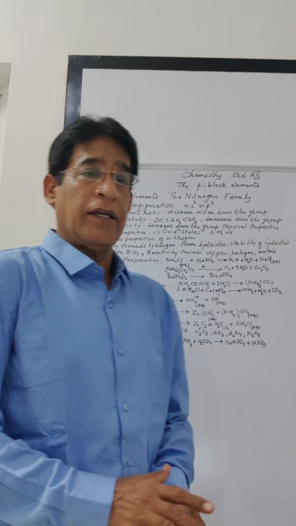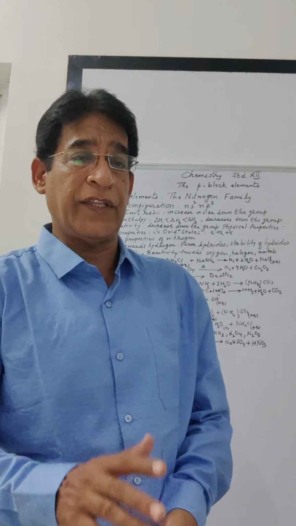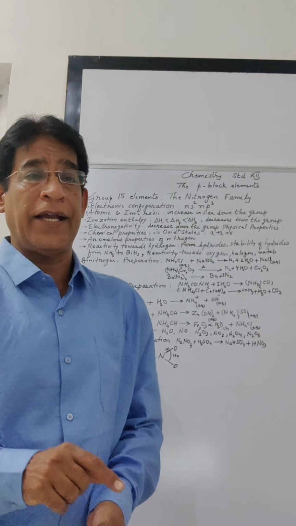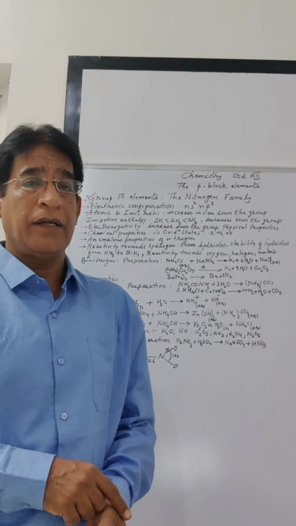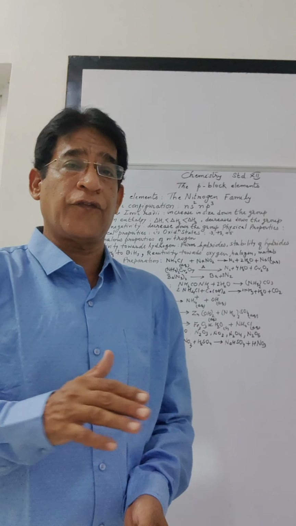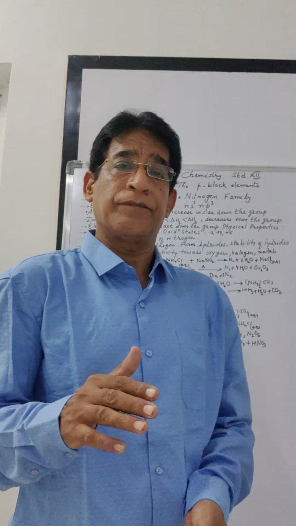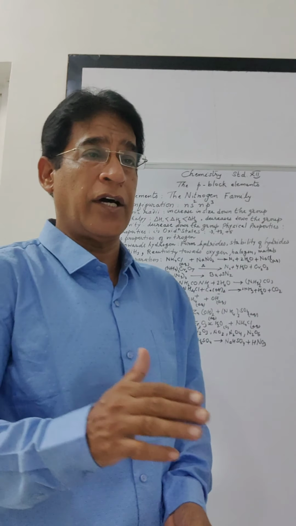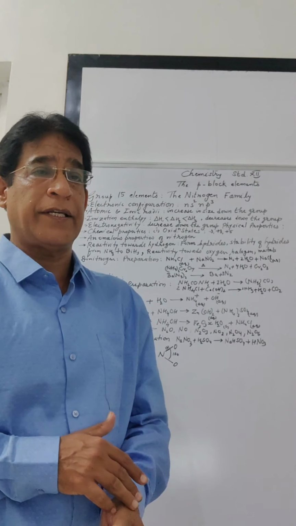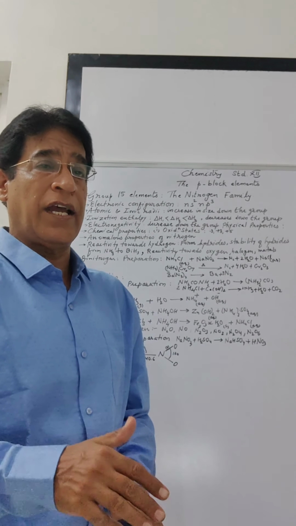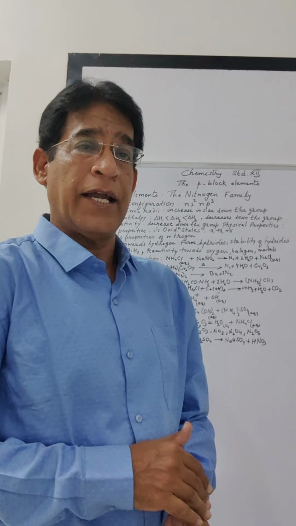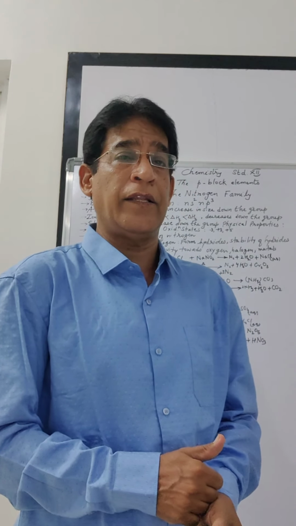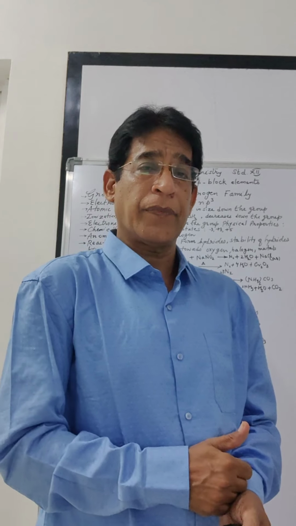These elements react to form two series of halides, EX3 and EX5. Nitrogen does not form pentahalide due to non-availability of d orbitals in its valence shell, and pentahalides are more covalent than trihalides.